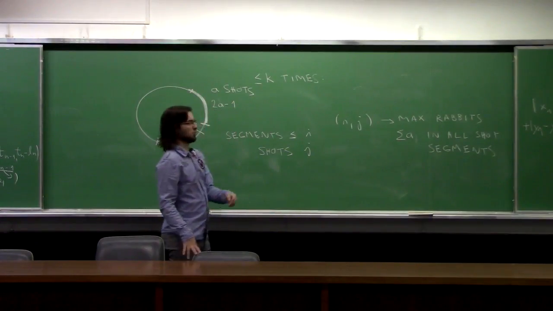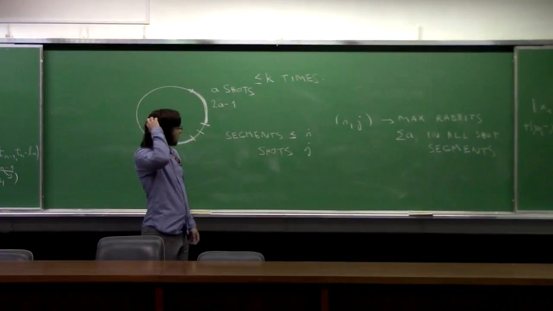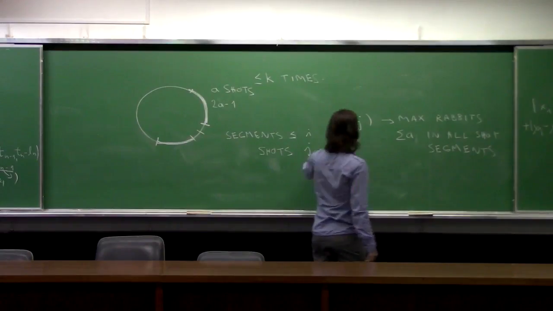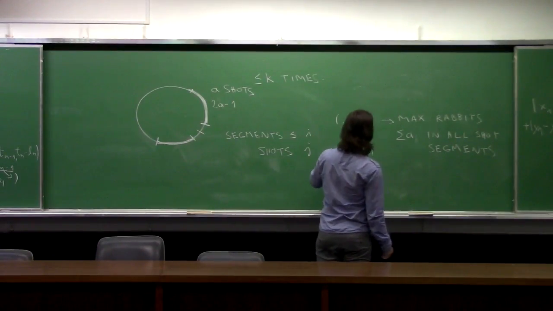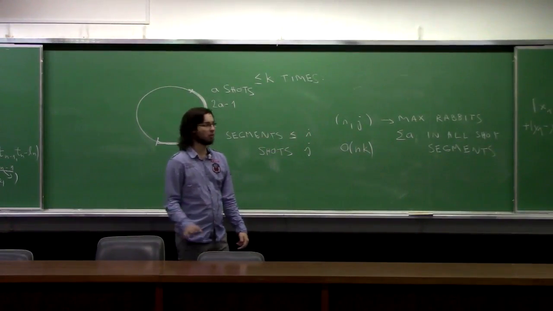There is nothing in this dynamic programming about any order or anything like that. And this is already a kind of standard problem. There are all NK states, since I is up to n and j is up to k.